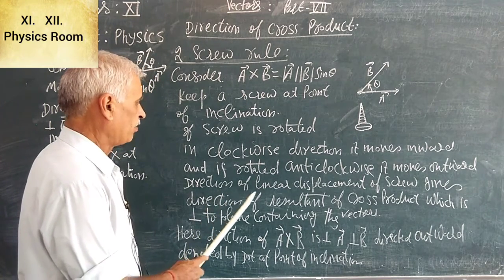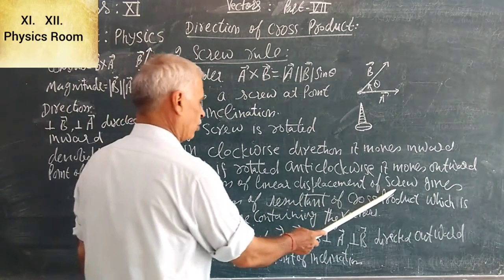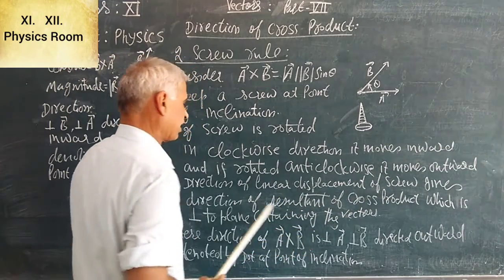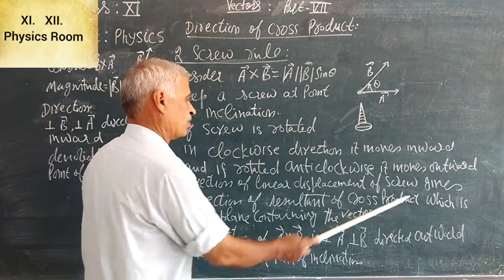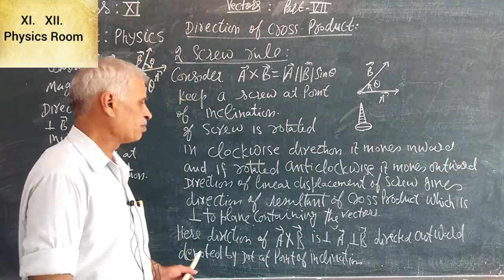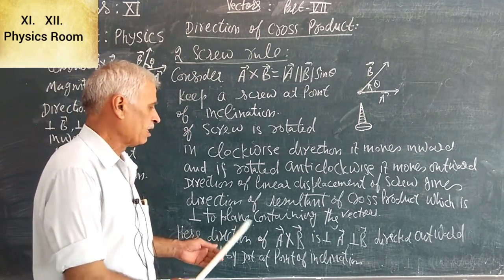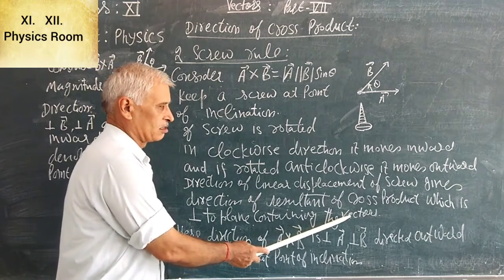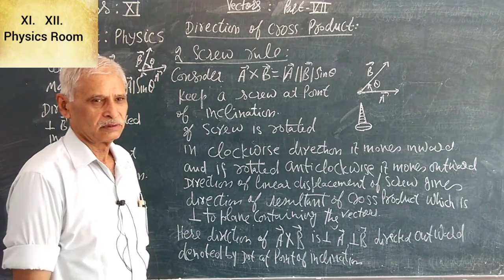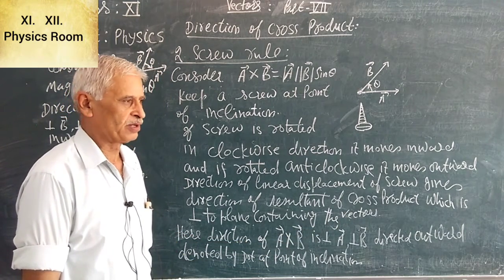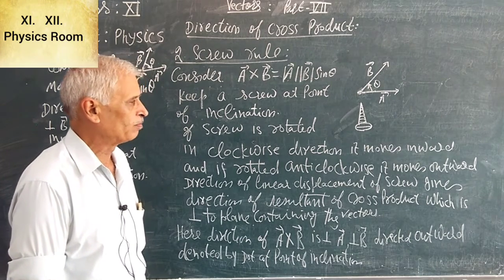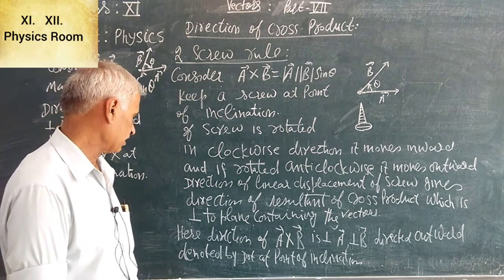Now the direction of linear displacement of the screw gives the direction of the resultant of the cross product, which is perpendicular to the plane containing the vectors.